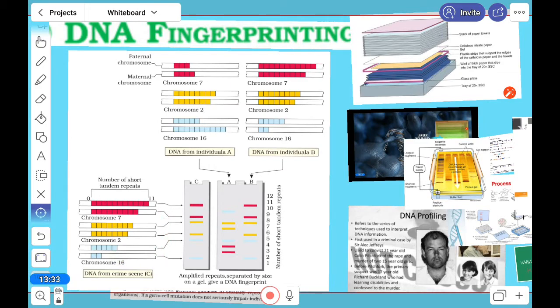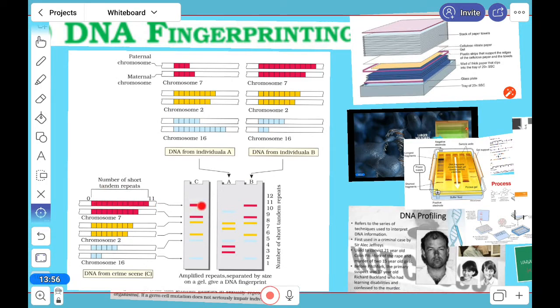Here we have two chromosomes, I mean homologous chromosomes, which indicates one from the father and one from the mother. They will not be similar because they come from two different bodies. The number of short tandem repeats here, look, is 11.